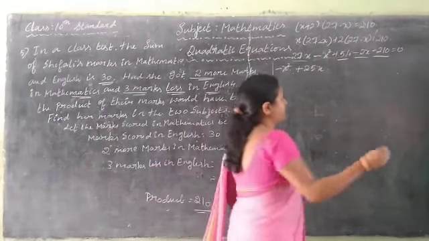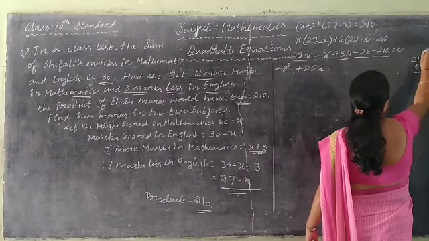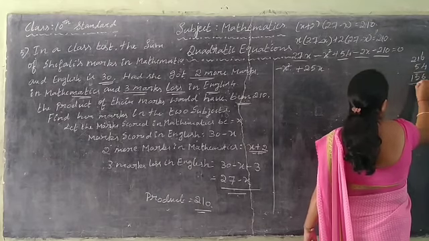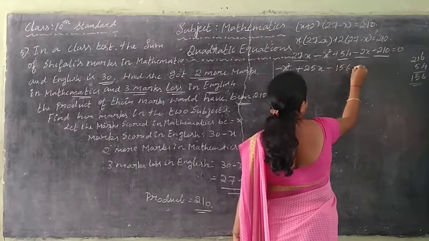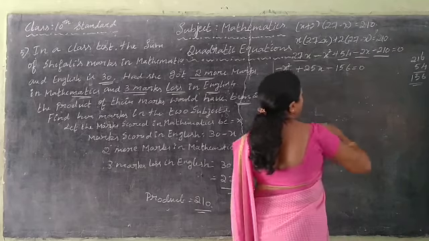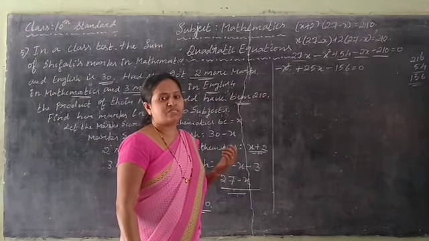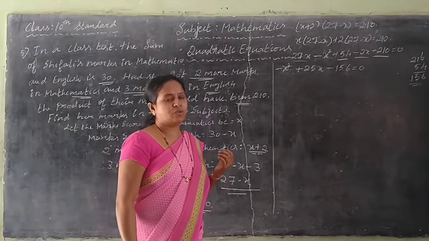What will you get when you subtract? See here, 210 minus 54. 6 it will be. 10 it will be. 5, 1. So what do we get? Minus 156 is equal to 0. So when you subtract 54 from 210, you are going to get minus 156, children, because the bigger number's sign is minus 156. Got it?